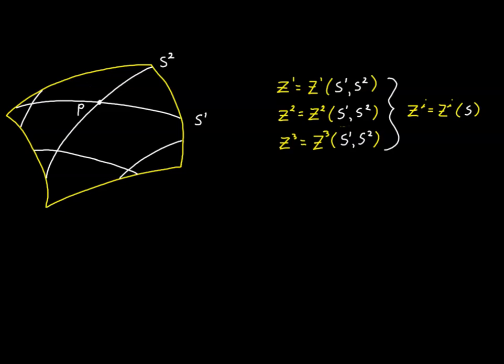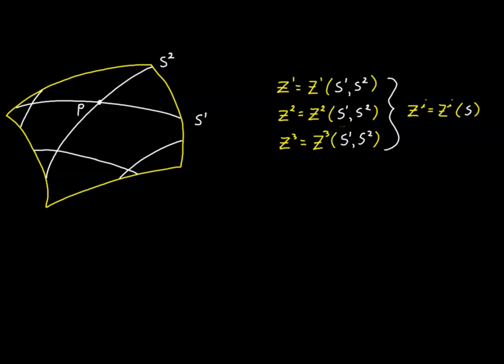All right, the next thing we need to do is to develop a way to represent vectors and tensors using our surface coordinates. And to do that, we'll apply the same techniques we used back in videos 8 and 9, and that's where we used a position vector to derive what we call basis vectors.